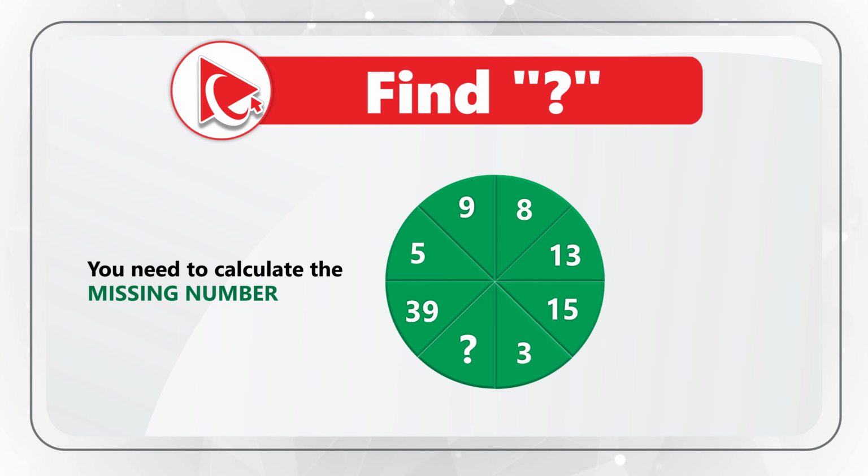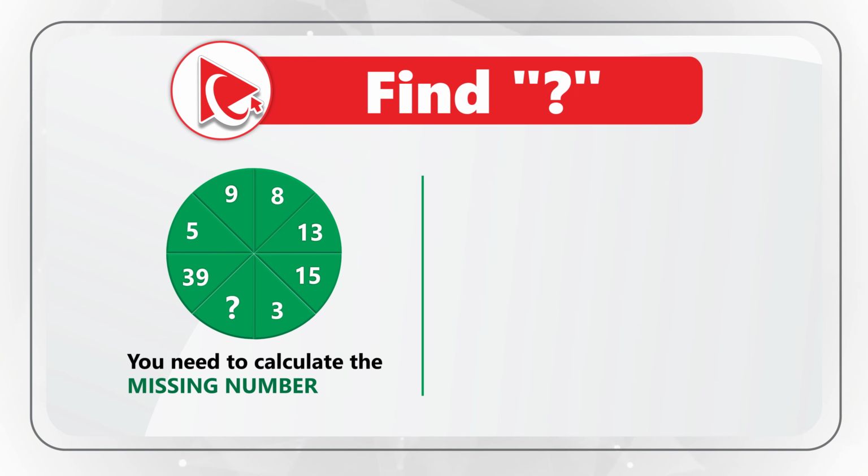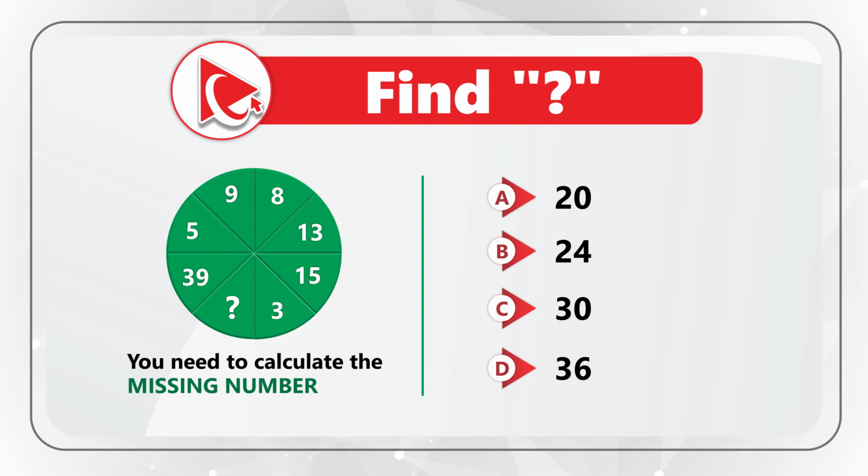If we start with the 8 o'clock, the numbers that are present are 39, 5, 9, 8, 13, 15, 3, and then comes the missing number. You need to calculate the missing number out of 4 possible choices. Choice A, 20, choice B, 24, choice C, 30, and choice D, 36.